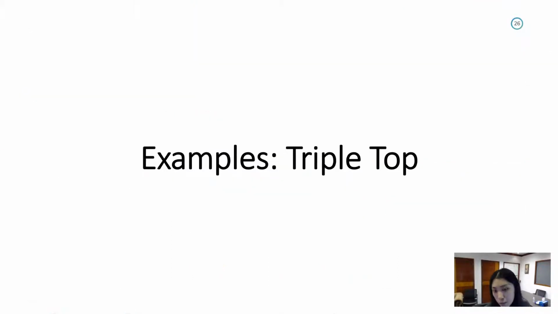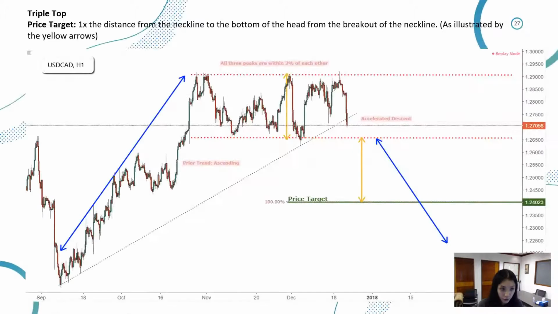Let's look at the triple top. Let's look at the triple top for the chart. So triple top.